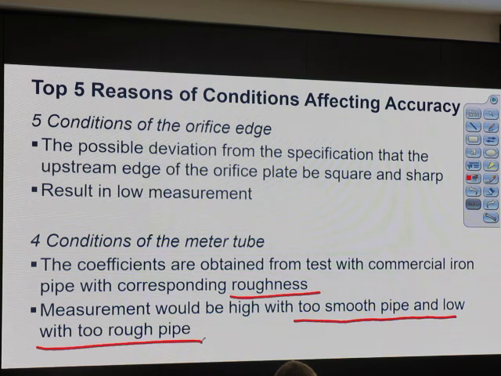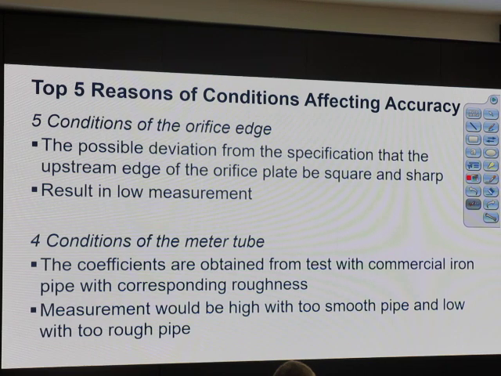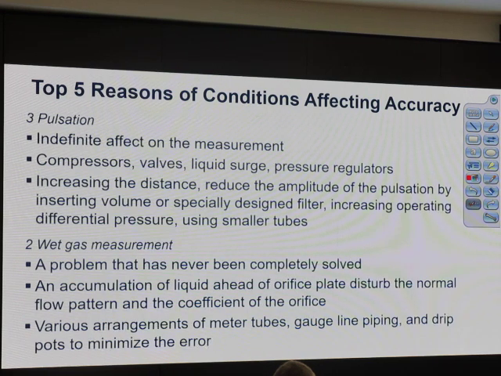When we have turbulent flow, right? And we have pipe tap. Pipe tap with turbulent flow, the pressure drop is dependent upon the roughness too. Flange tap, we have less effect. Pulsation, if we have pulse, it is difficult to do the measurement.